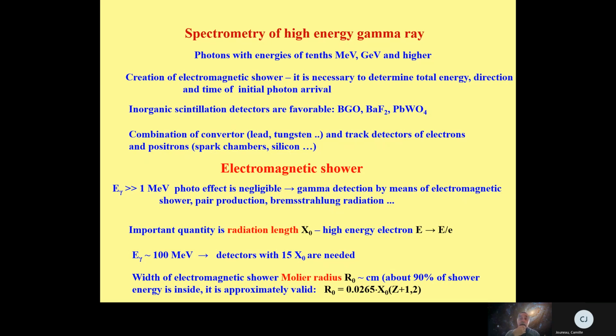After this, we will still have the charged electron or positron and a gamma.